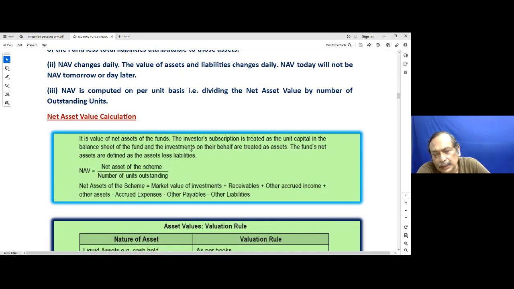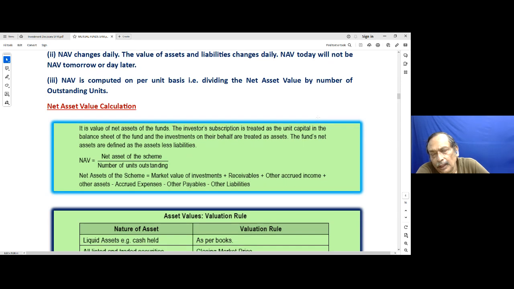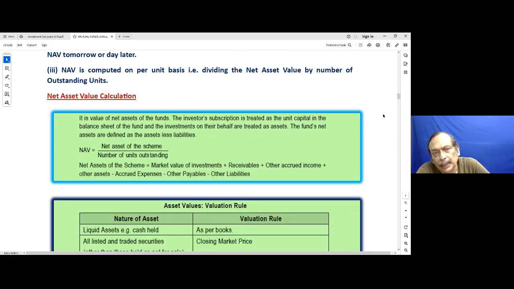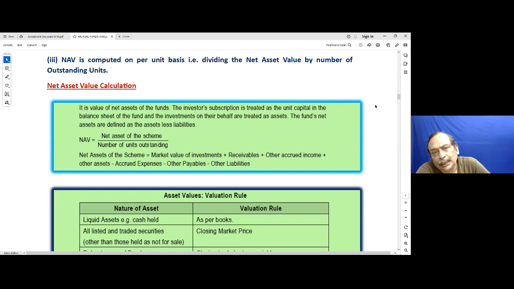Now I will just tell how net asset value is calculated, and then we will proceed in the next class. Net asset value calculation, how is it to be made? It is the value of net assets of the fund.